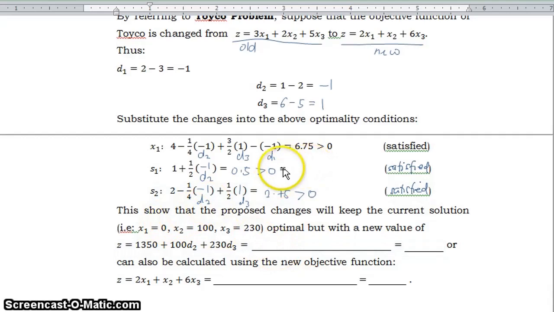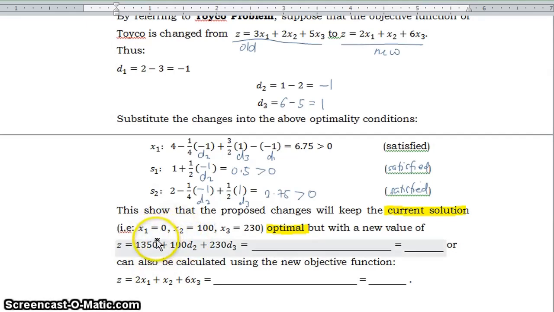Since all coefficients of the NBV are non-negative, the proposed changes will keep the current solution optimal. This means the right hand side values of the original optimal tableau remain unchanged.